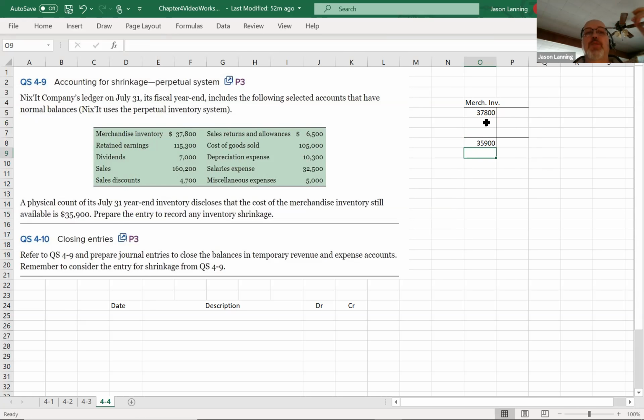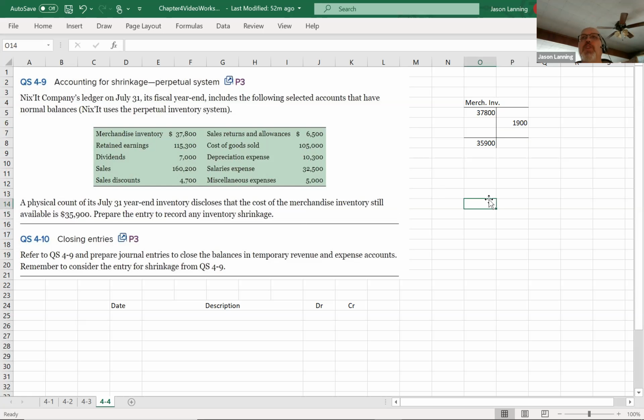So if we show 37.8, but we go to count it, and because of shrinkage or spoilage, we only have 35.9, we ought to know we have to credit our merchandise inventory $1,900 to get this amount. So basically, we have to do a little adjusting entry here because of the shrinkage.